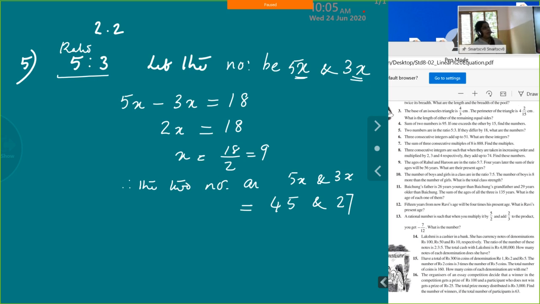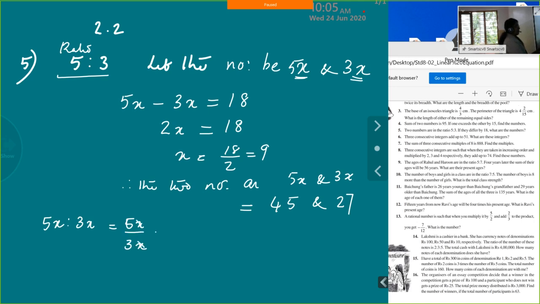So, I took the two numbers as 5x and 3x. Since the ratio is given as 5:3, when you take the ratio of 5x to 3x, it means 5x divided by 3x.